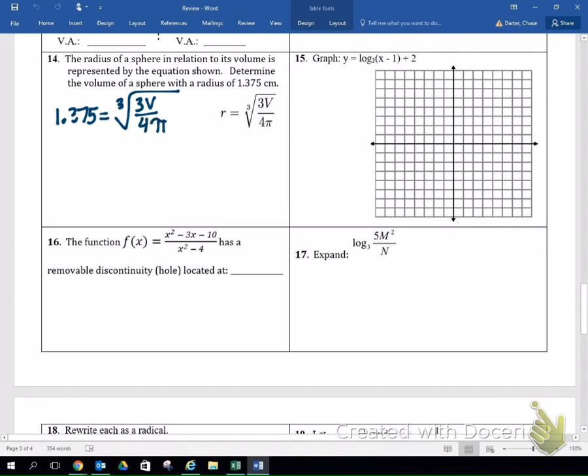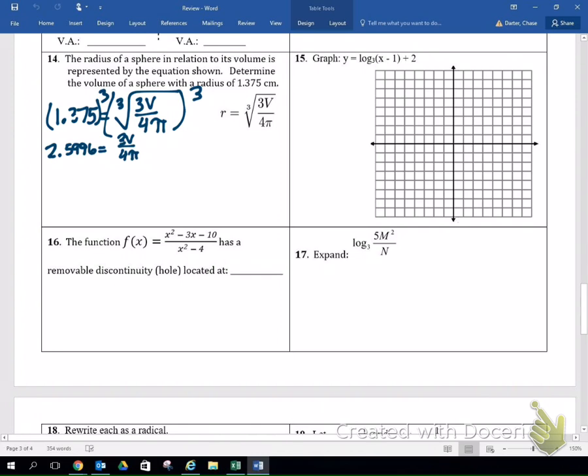And here we're trying to get V, so I need to cube both sides to cancel out my cube root. And if you cube 1.375, you get roughly 2.5996, and that's being set equal to 3V over 4 pi.